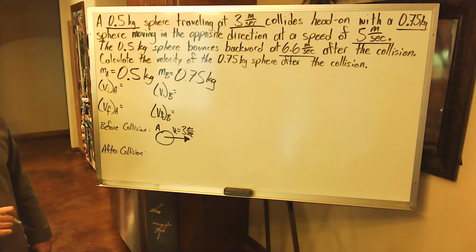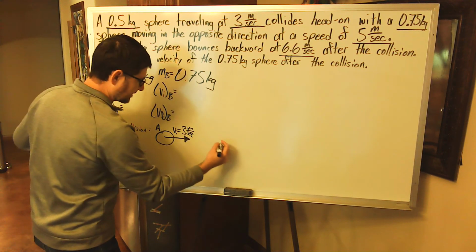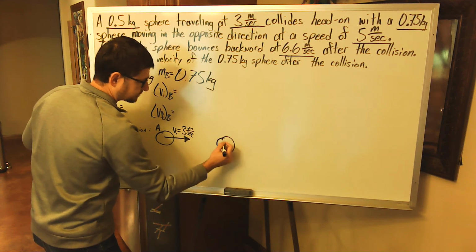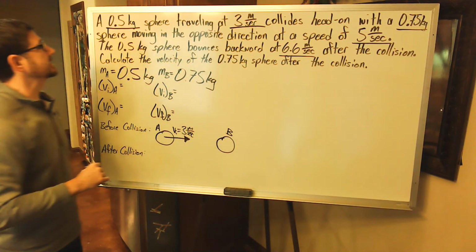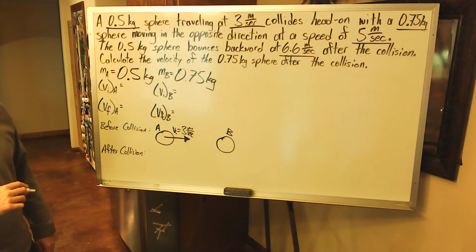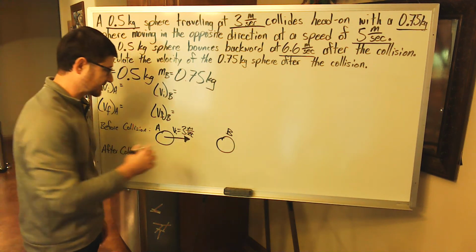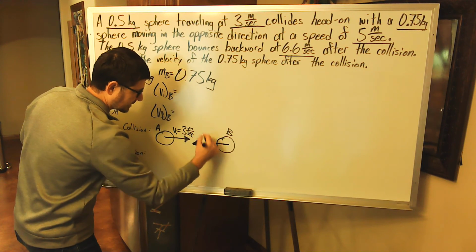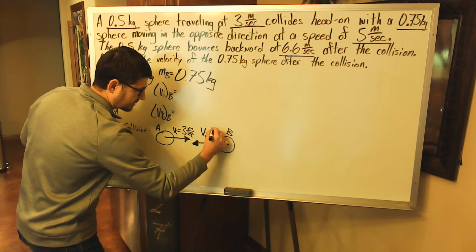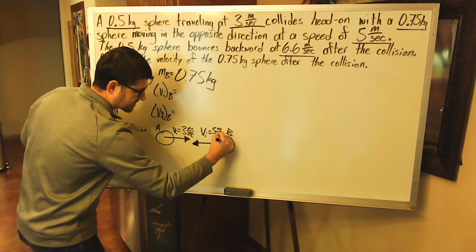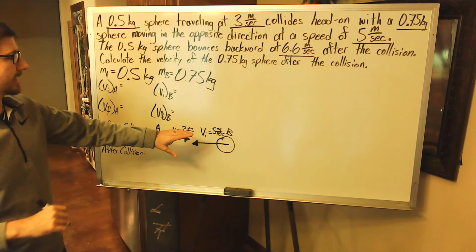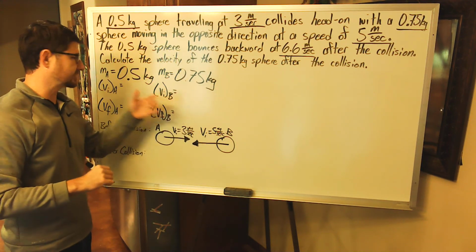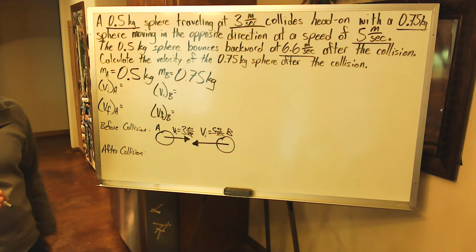Okay, sphere B, which is 0.75 kilograms, is moving in the opposite direction at 5 meters per second. So it's moving this direction, velocity, 5 meters per second. Now let's go ahead and put our velocity information into our knowns and unknowns.